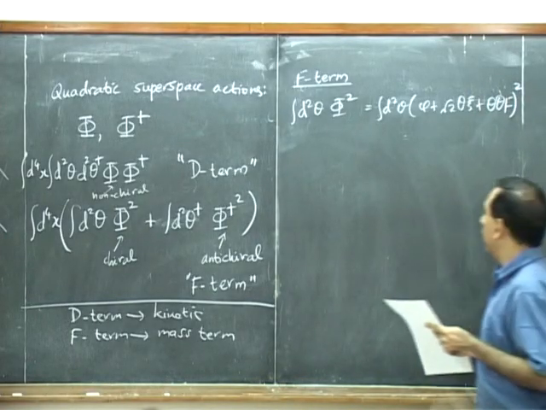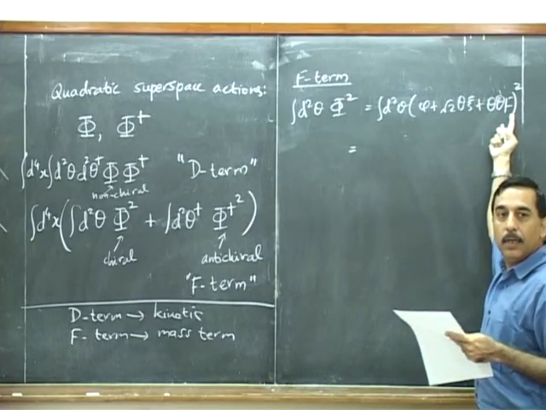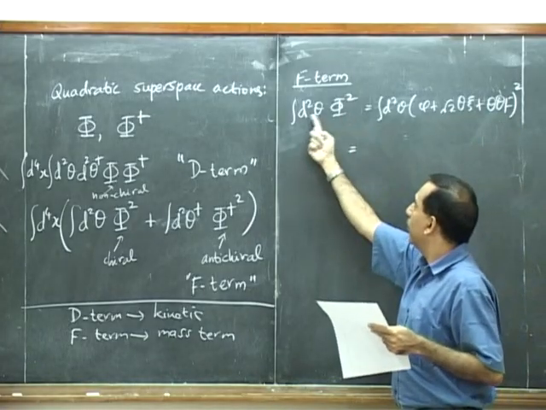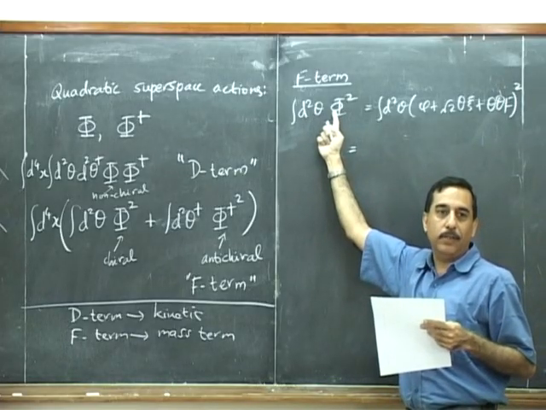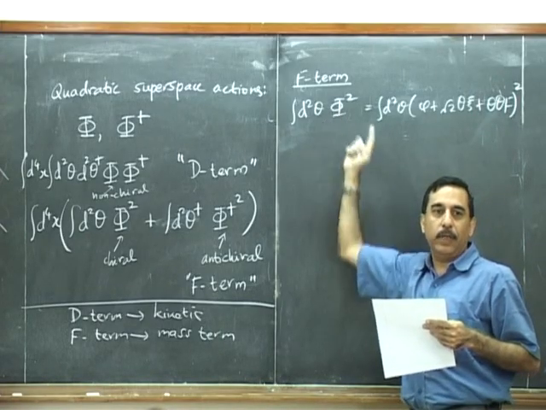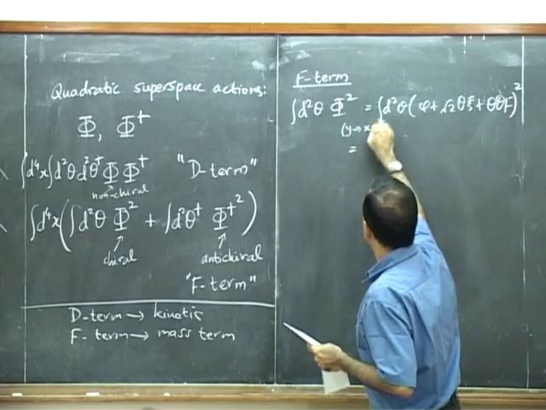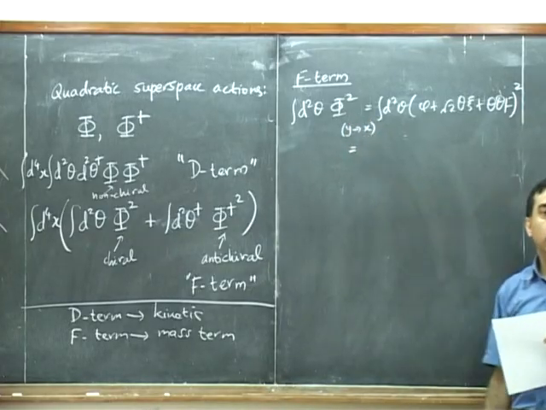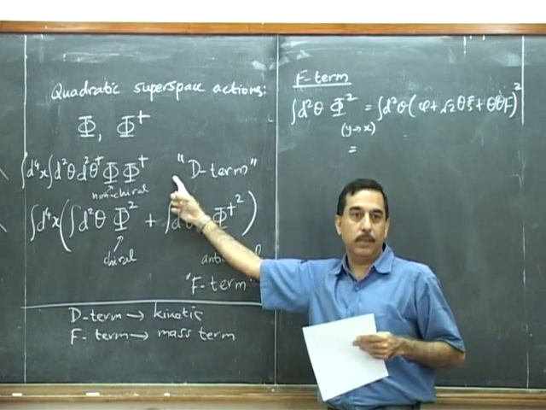Now we must remember that these were functions of y, but in an F term, since this is a chiral and not anti-chiral superfield, we can shift y back to x. So y goes back to x. We just do it on the way and forget about it. We better not make the same mistake when we are doing D terms.